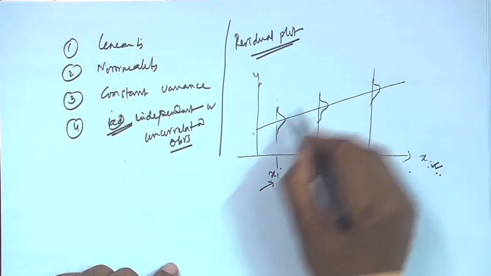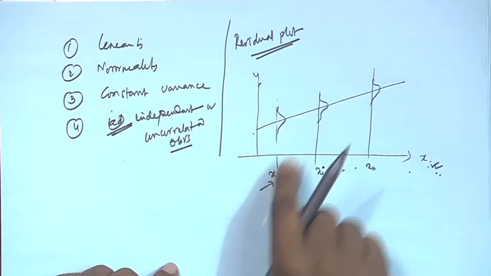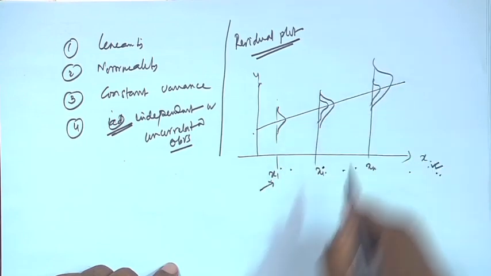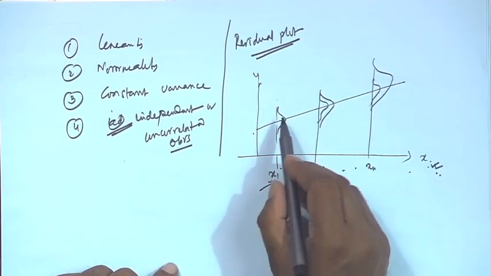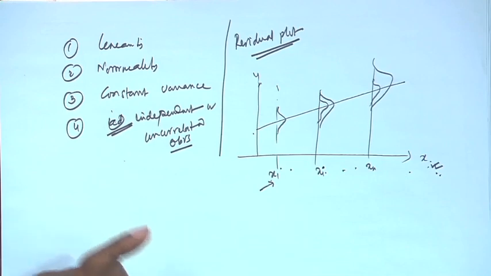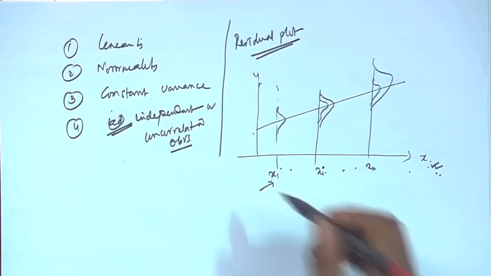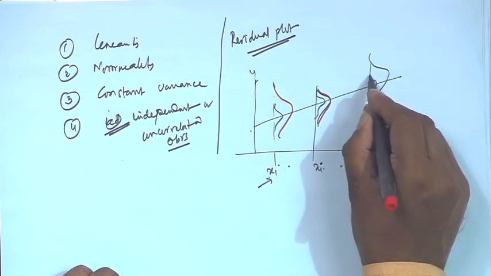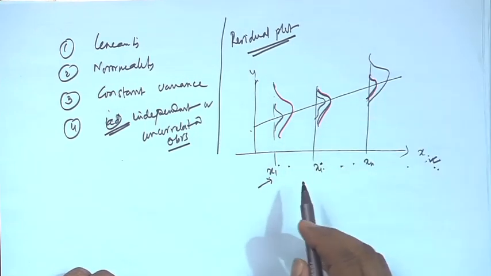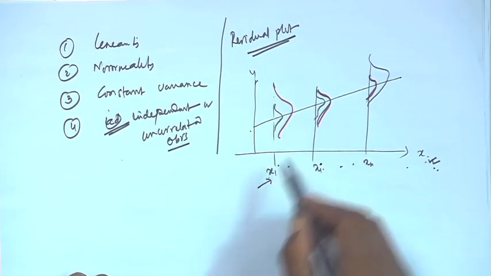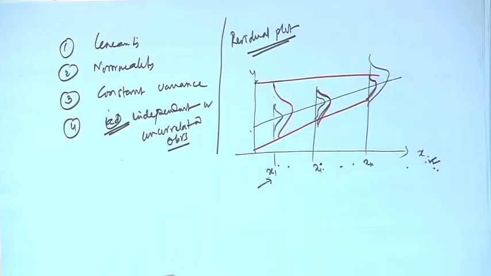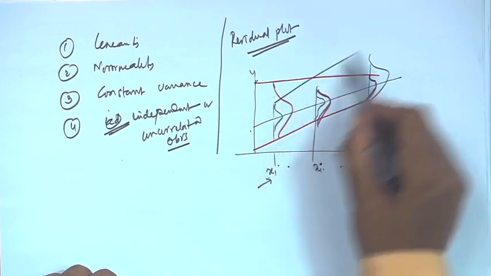If there is a violation, where the variance is low at low x and high at high x, or the other way around, then you will have either a funnel to the left or a funnel to the right.